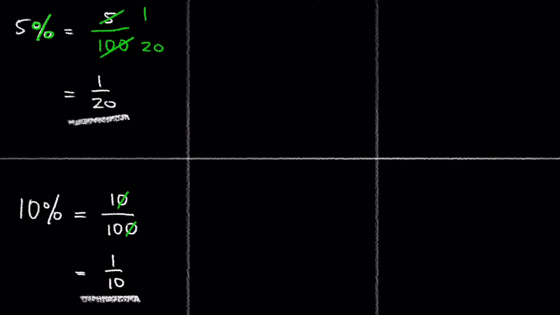What about 50%? How can we write this as a fraction? 50% we can write as 50 over 100. And after cancelling out the 50 and the 100, we get 1 over 2.